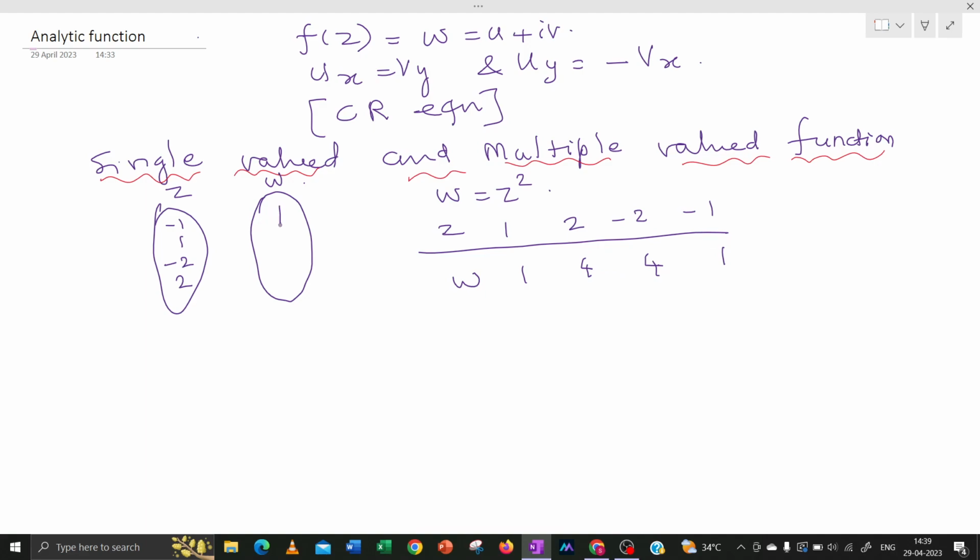So for each and every value of z, a corresponding value is there in w. That is called a single valued function.